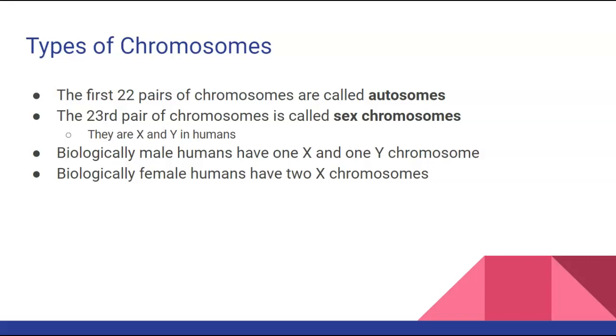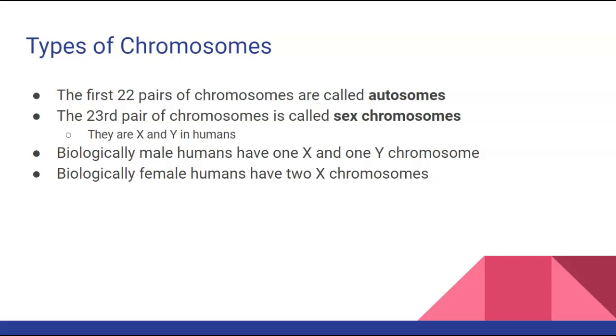The 23rd pair is called your sex chromosomes. Pretty straightforward, right? The 23rd pair is the X and Y in humans. Biologically male humans have one X and one Y. Biologically female humans have two X's. We will get into some genetic disorders where this is not true.